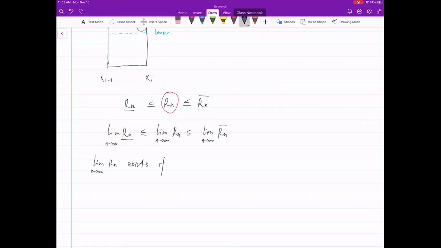You can only make sure the left and the right equal each other. Or you can make sure that the Riemann upper sum equals the Riemann lower sum. Make sense here? How do we call this? The squeeze theorem.